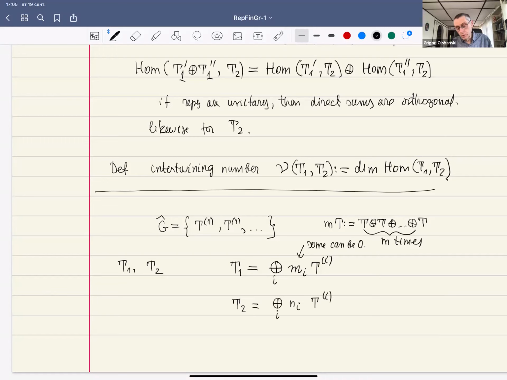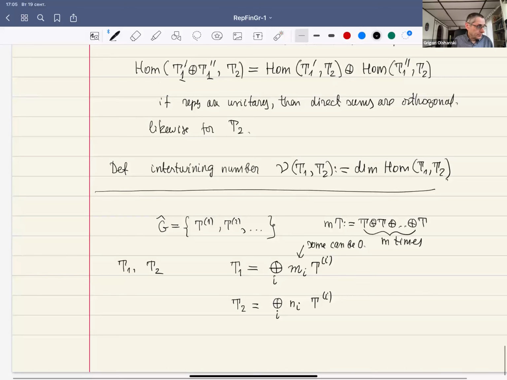Because we don't know formally yet that this set is finite, we can only assume that in this decomposition there are only finitely many non-zero multiplicities.